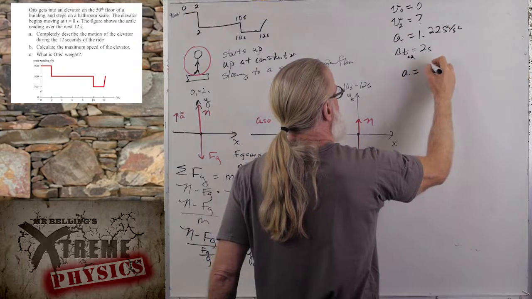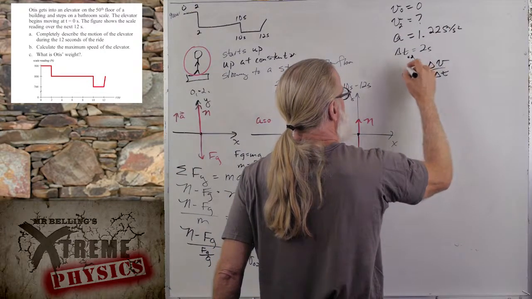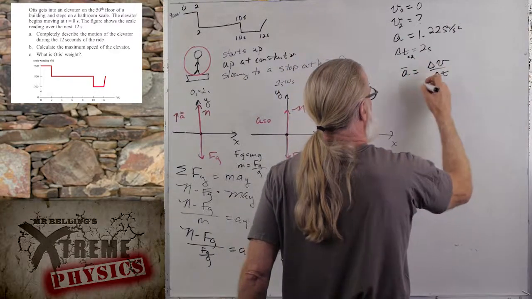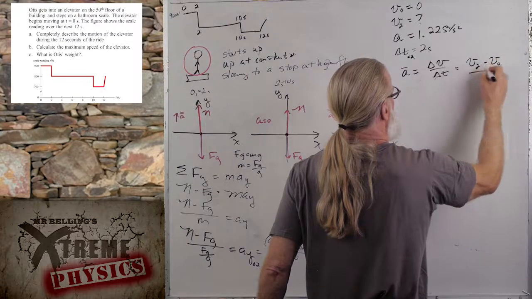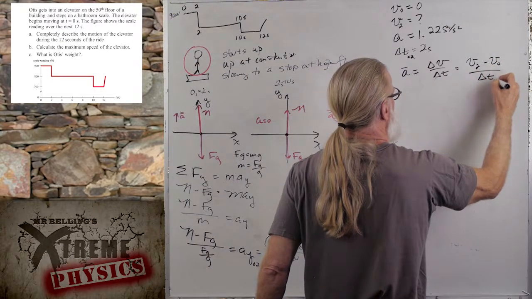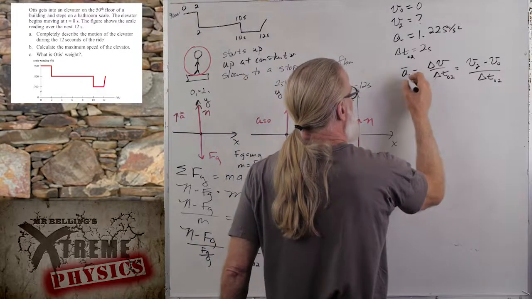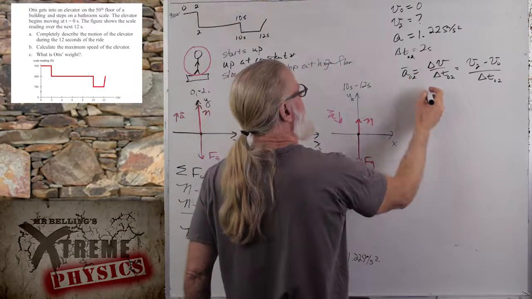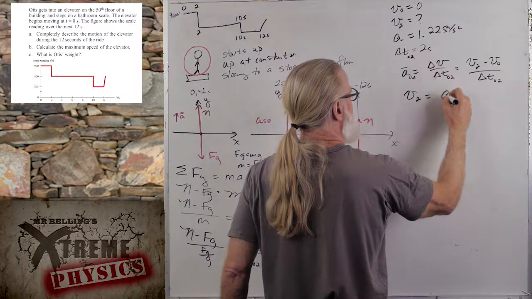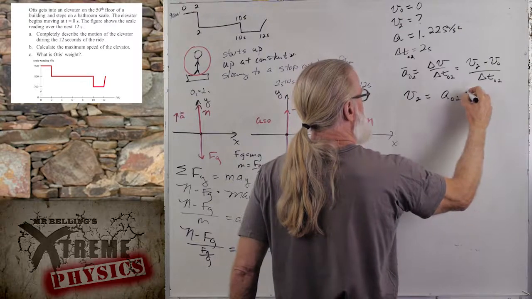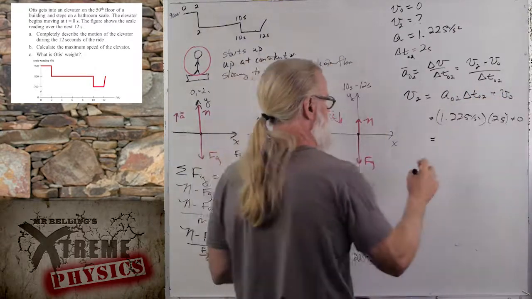So acceleration equals delta v over delta t. That's average acceleration. It equals v2 minus v0 over delta t from 0 to 2. What is v2? v2 equals the acceleration from 0 to 2 times delta t from 0 to 2 plus v0.